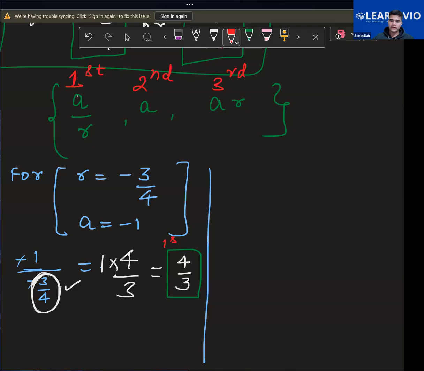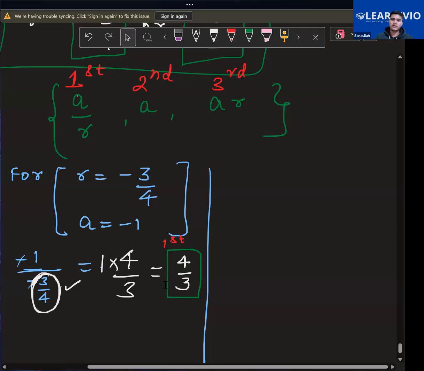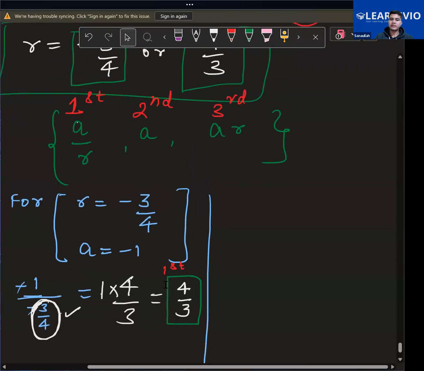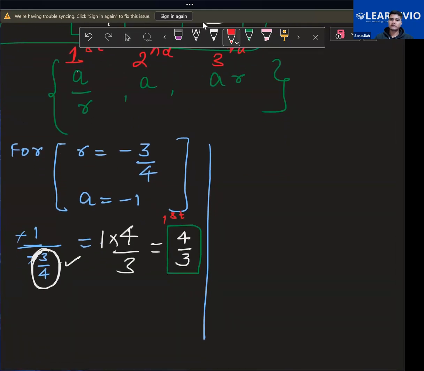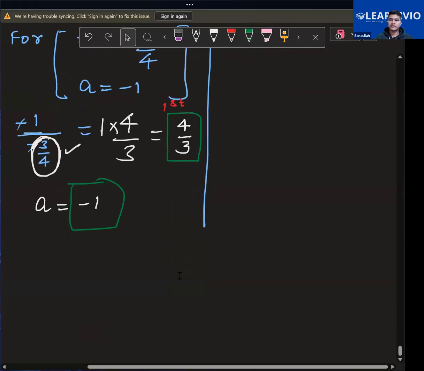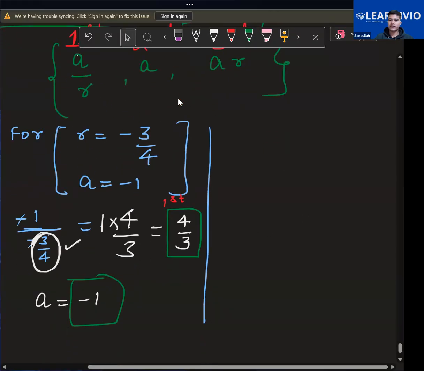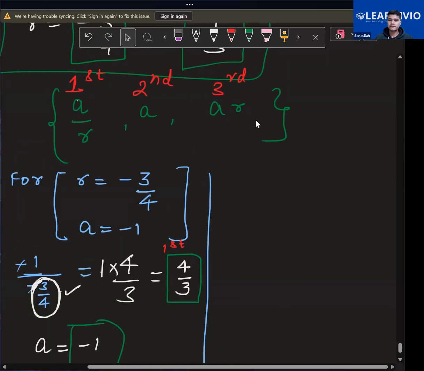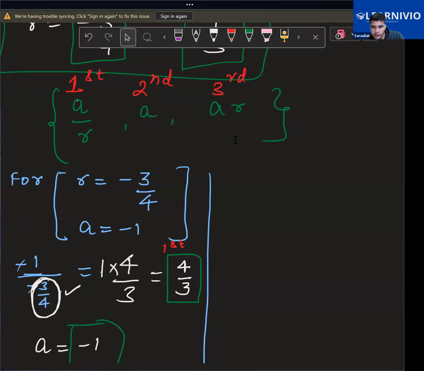Now we have to solve for the second term. What is the second term? It is a, and a is minus 1. So we got our second term. Now let's move to the third term. What is the third term? The third term is ar, so it will be 3 by 4. Good.